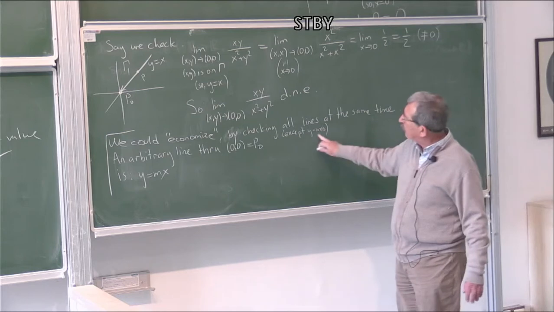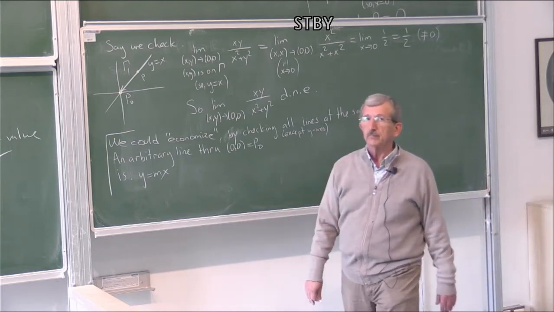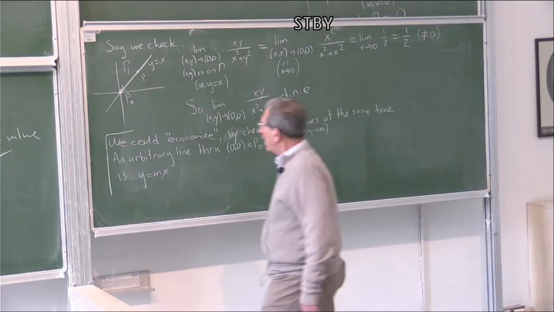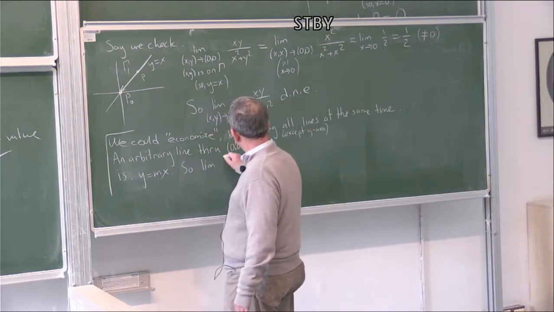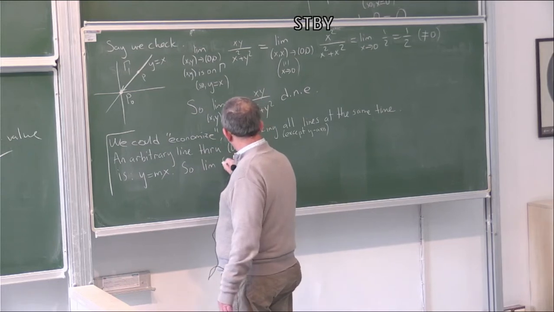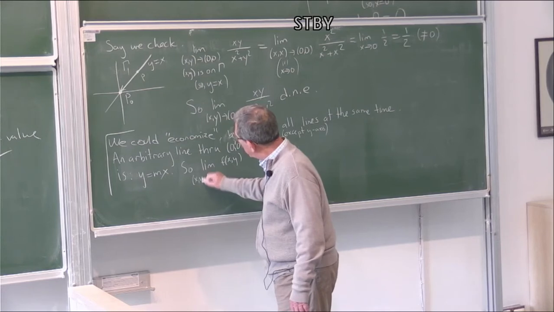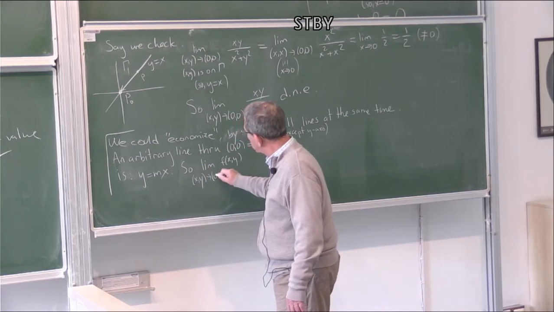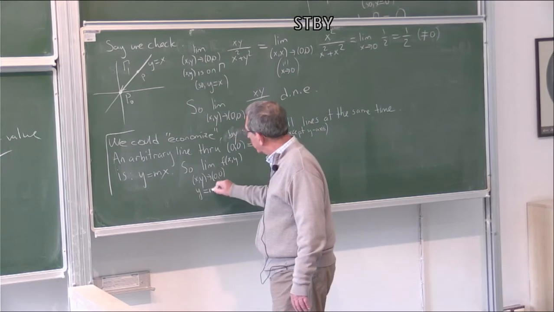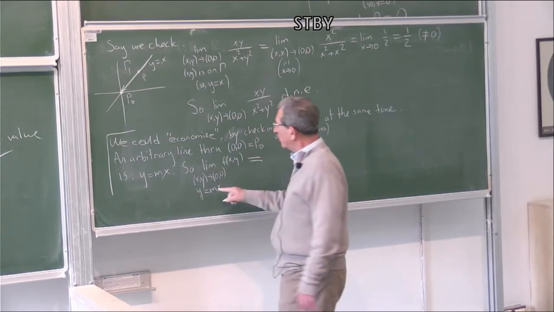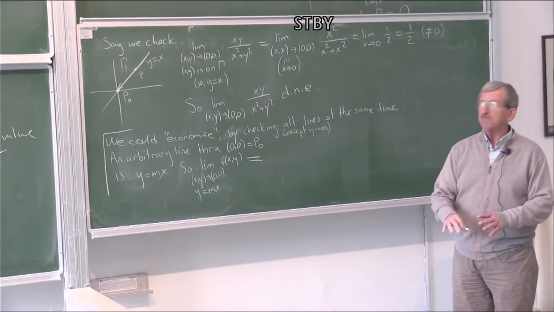I said except the y-axis, so for the y-axis, this doesn't hold, clearly. So, the limit of f(x, y) as (x, y) goes to (0, 0), but y is mx. So I'm considering infinitely many lines in one step.